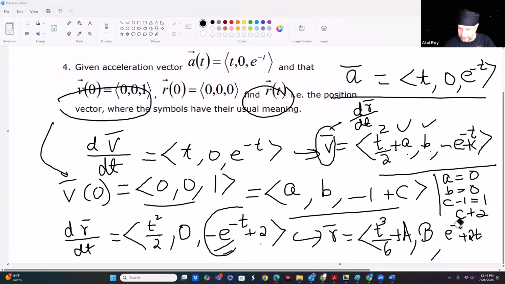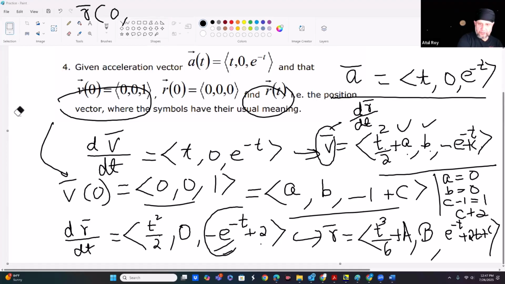And then at the end, we will have a constant of integration, that is c.